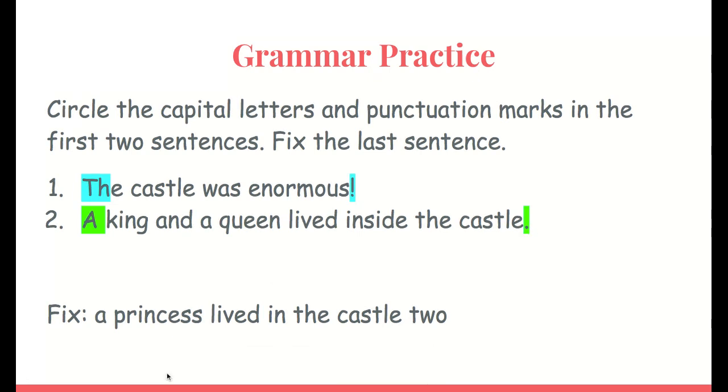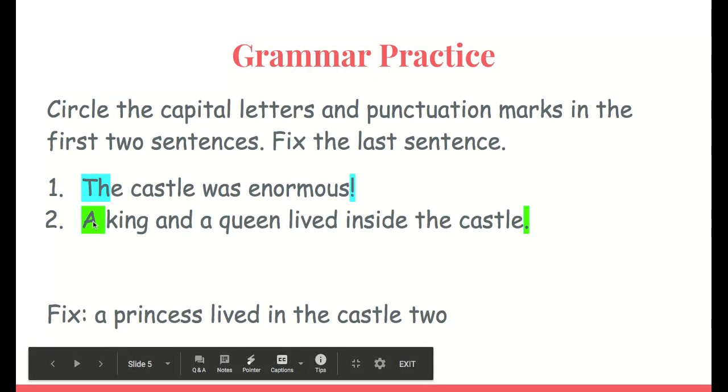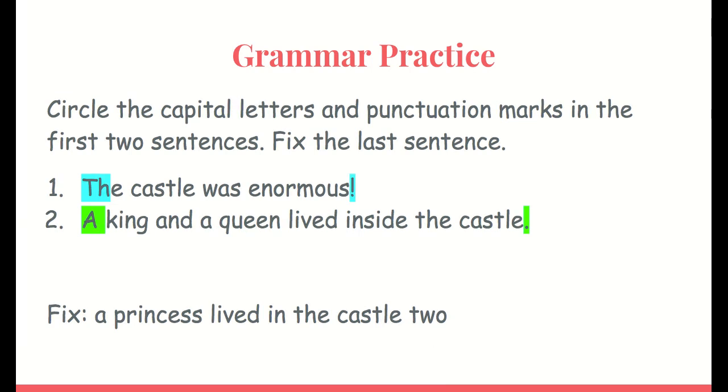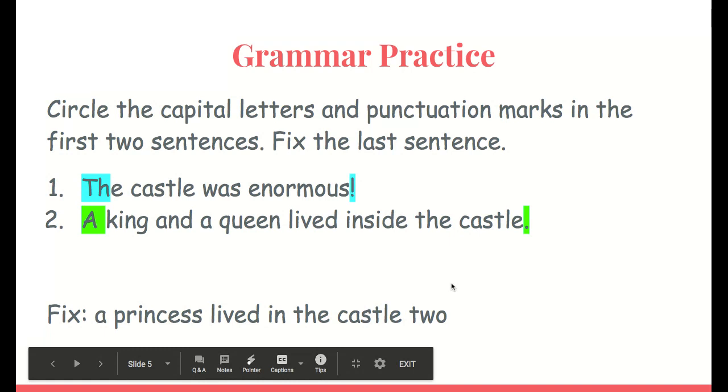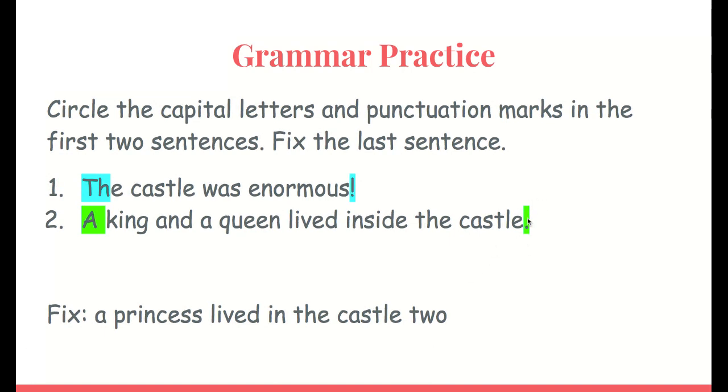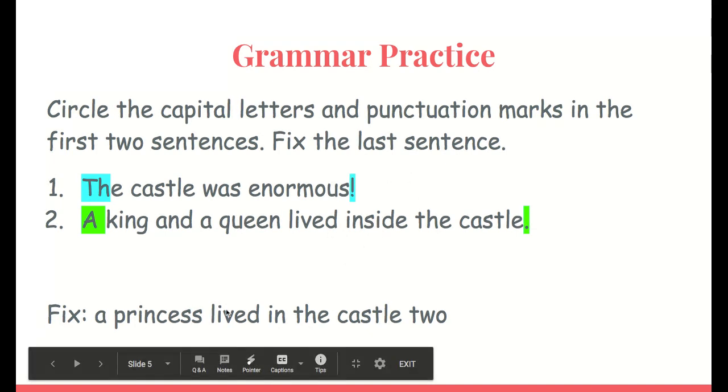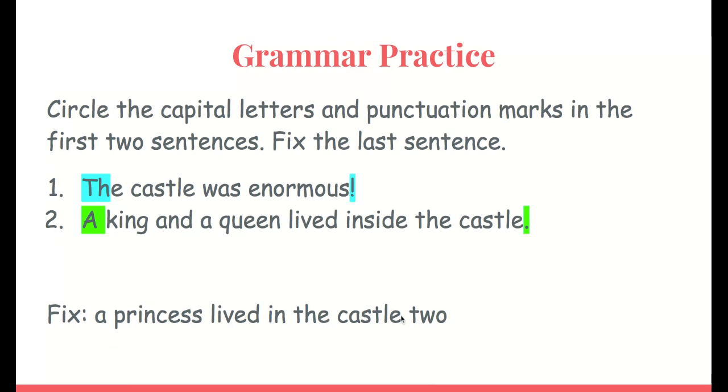Remember, every time we start a sentence, the first letter always has to be capitalized. And when we end a sentence, you always have to end with a punctuation mark, which could be a period, question mark, or an exclamation mark. Now, this last sentence, a princess lived in the castle too, you have to correct it.